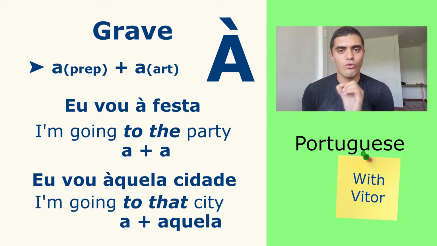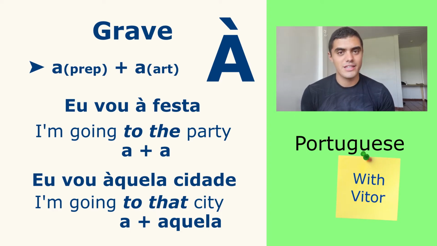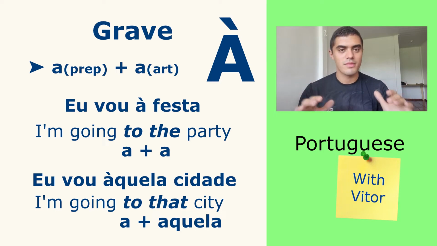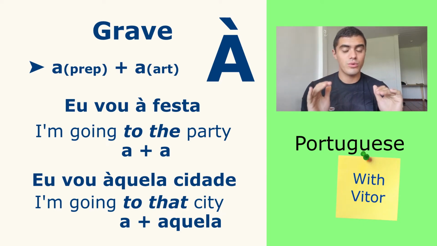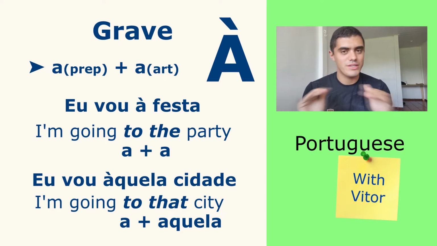Instead of saying eu vou a aquela cidade, we link the a with the first a of aquela, and then we place the grave accent. Okay, done? So these are the first two. They are the most simple, and people make mistakes with them, but they are very simple.